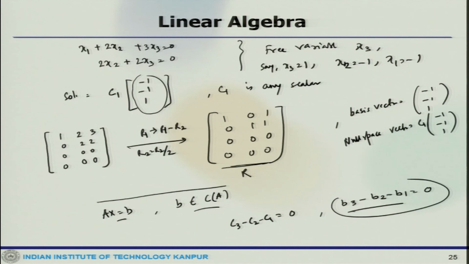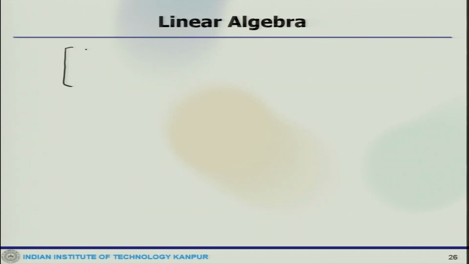If we augment the matrix, what we can write is 1 2 2 2, 2 4 6 8, 3 6 8 10, and then we write b1 b2 b3.